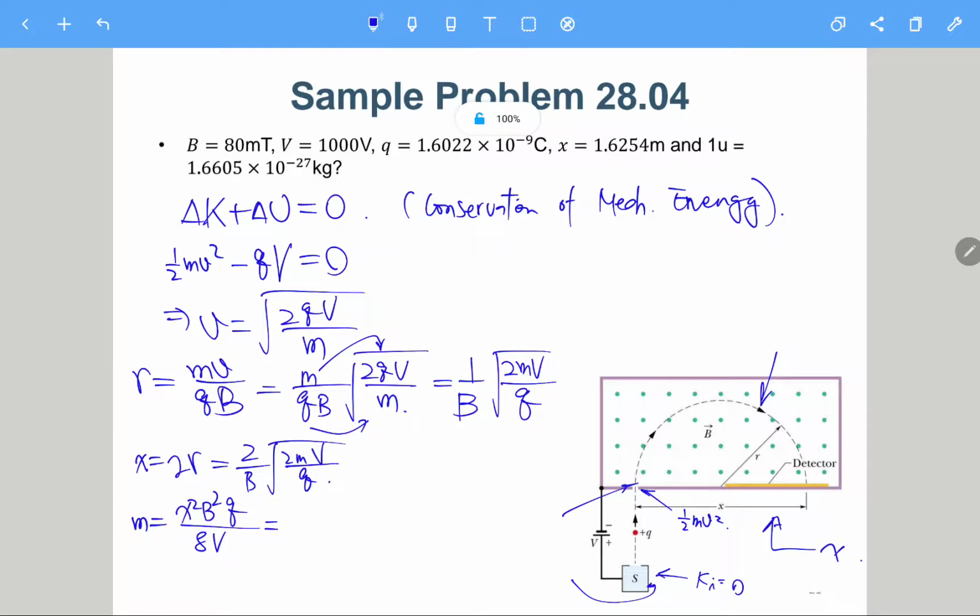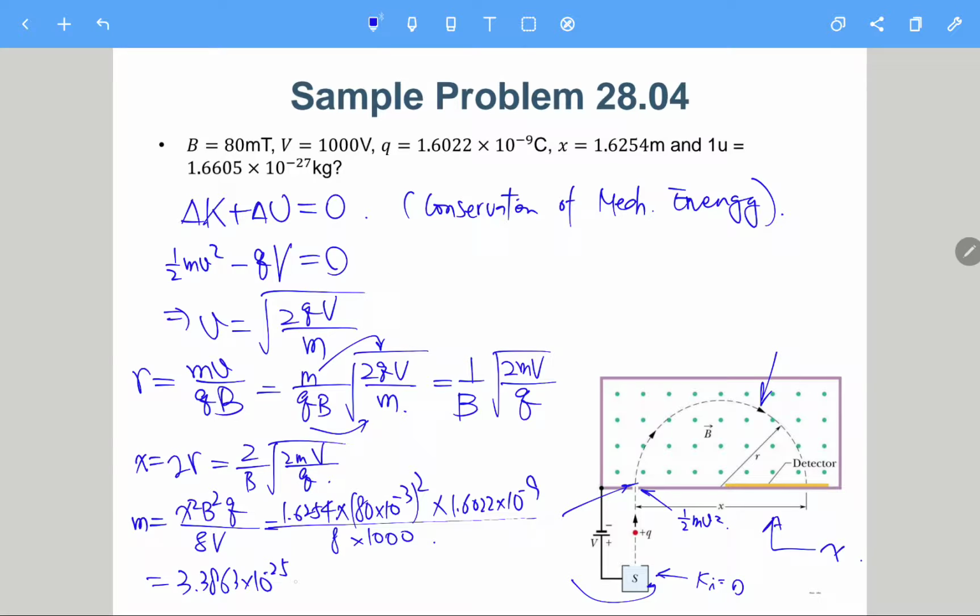So x is 1.6254, B is 80 times 10 to the minus third power, quantity squared, times 1.6022 times 10 to the minus 9, over 8 times 1000. So this would be 3.3863 times 10 to the minus 25 kilograms.